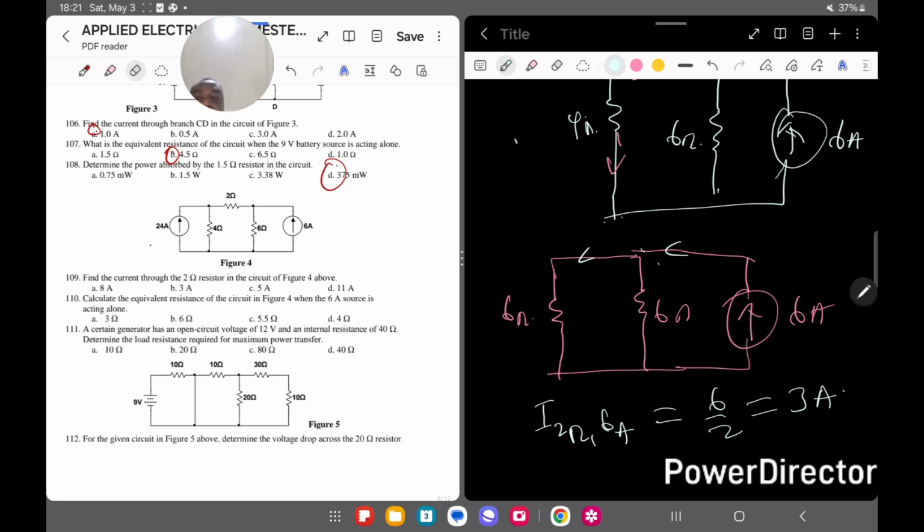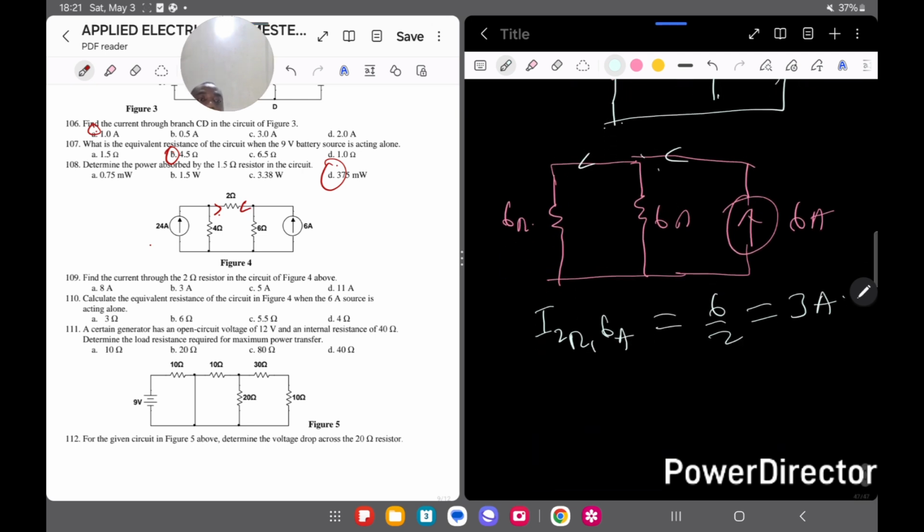The current due to the 24 amps acting alone is going in this direction, and when the 6 amps is acting alone, the current is moving in the opposite direction. So the current passing through the 2 ohms will be equal to the following.